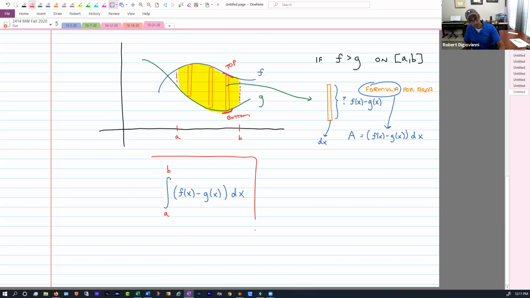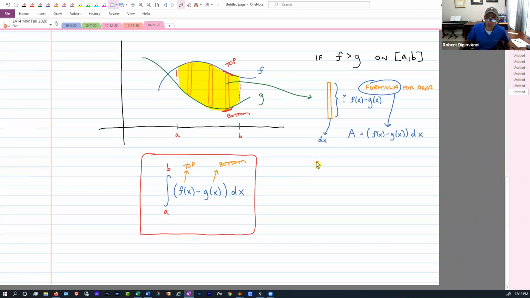And that is the formula for finding the area between two curves where f is always on top of g. Now you'll hear me say, instead of using this formula, top minus bottom, because I don't care if we call it f or g. I just want to know which function was on top and which one was on bottom. That's the thing that's important to me. Any questions?